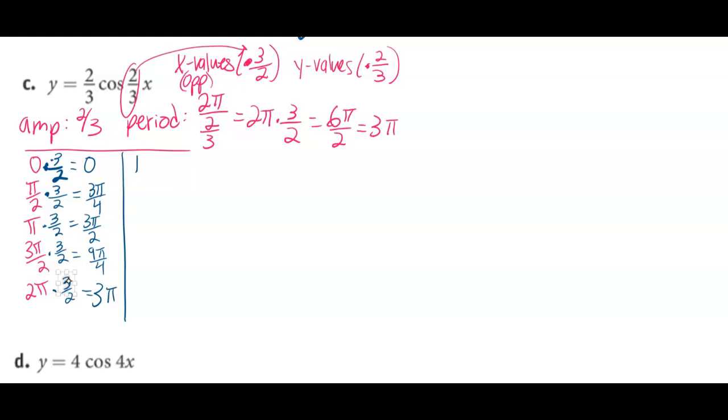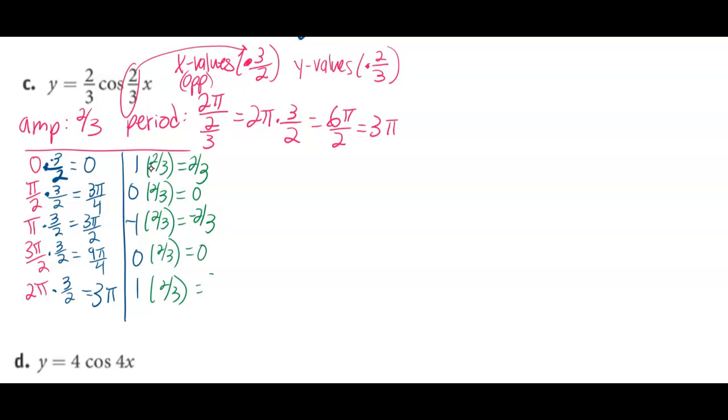Then those y values, we've got 1, 0, negative 1, 0, 1. Again, we're multiplying by that 2/3. So we get 2/3, 0, negative 2/3, 0, and 2/3.